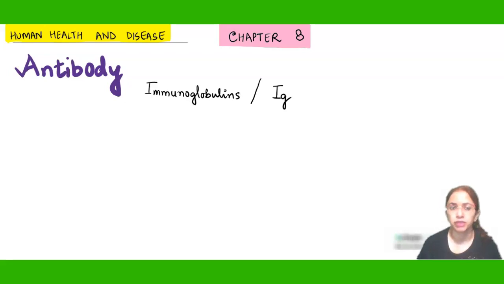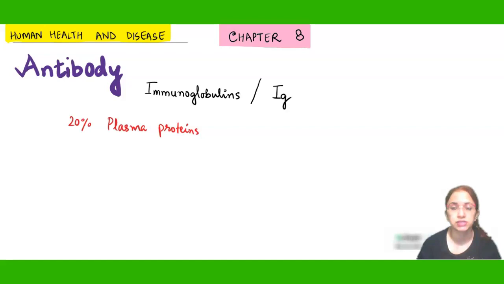They form the major part of our plasma. What is plasma now? Plasma is the liquid component of the human blood, and these antibodies form 20% of the plasma proteins. Antibodies are always a part of acquired immunity. Whenever we talk about humoral immunity, basically we talk about antibody production.